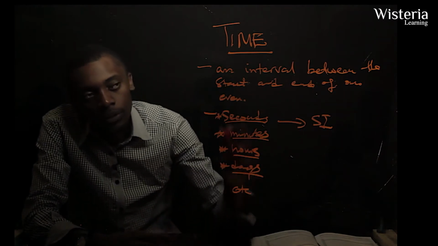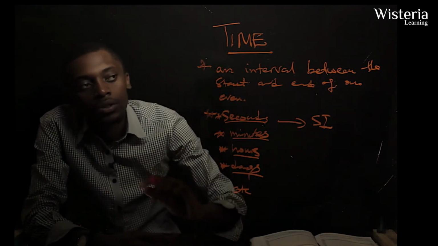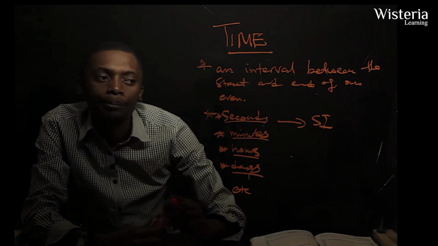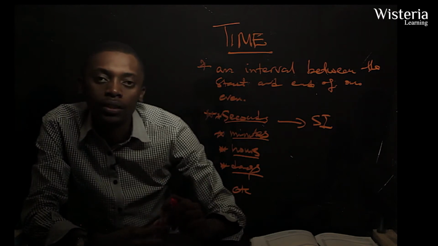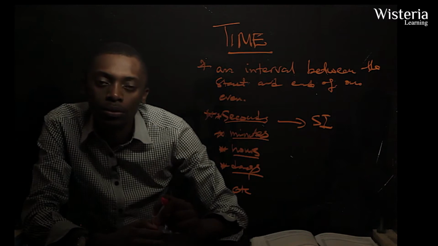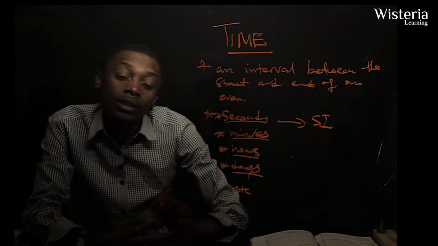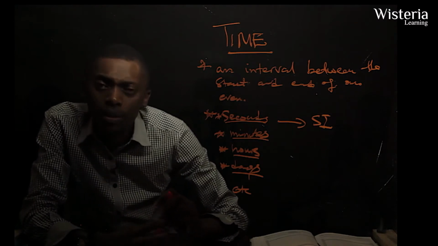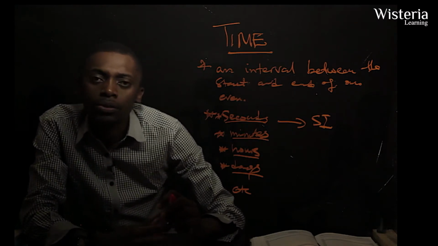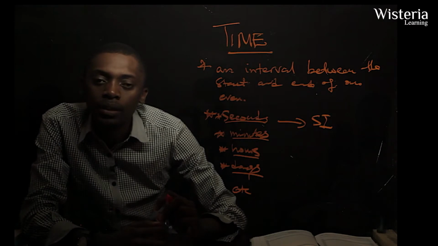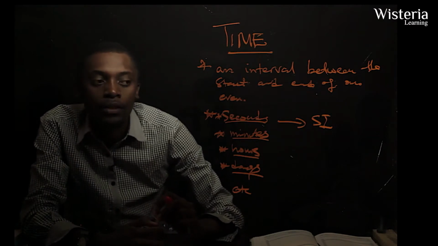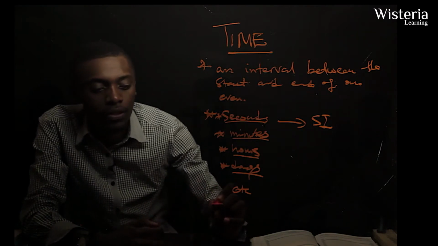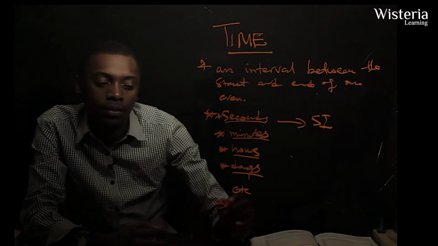Now that we've looked at the definition, the units and the SI unit of time, we're going to go a step further and look at the instruments that we can use in order to determine this physical quantity, time. Our first one is clocks.